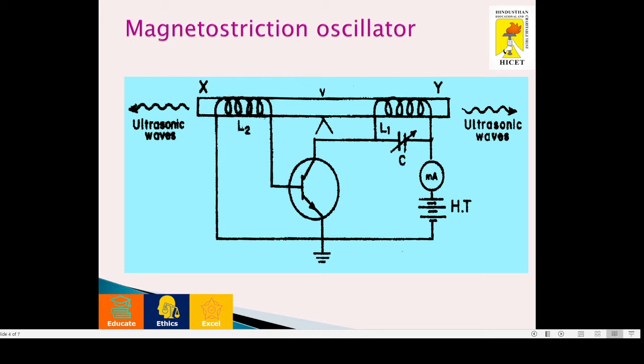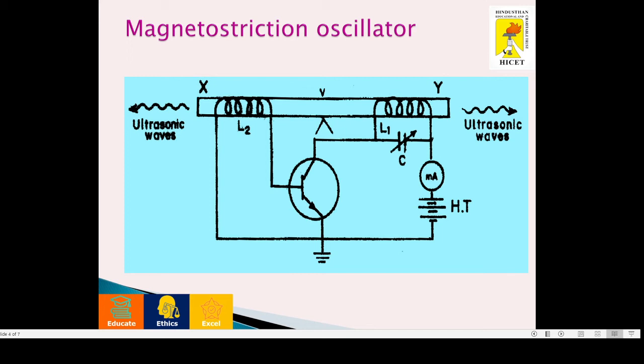We are using a ferromagnetic substance as the core of the inductor coil. When we switch on the high tension battery, current passes through the circuit to the inductor coil L1. Due to the EMF, it starts to produce current.